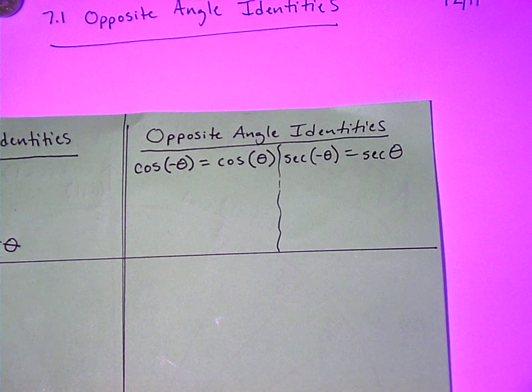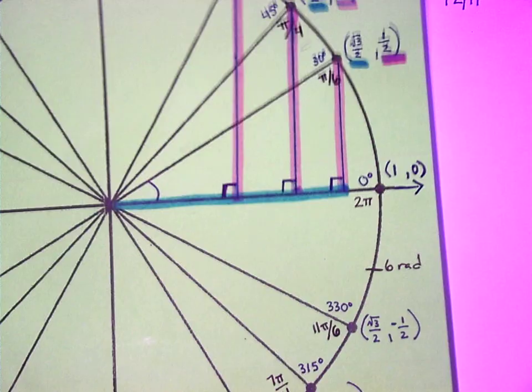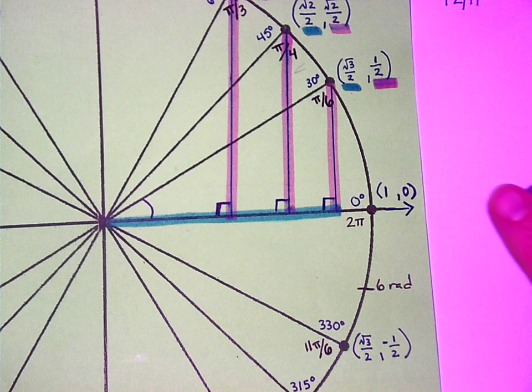Okay, now let's look at sine. What's the sine of 30 degrees? 1/2. Everybody, show your partner right now. Point your finger at the sine of 30 degrees.